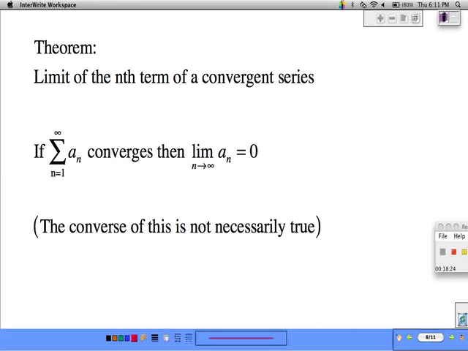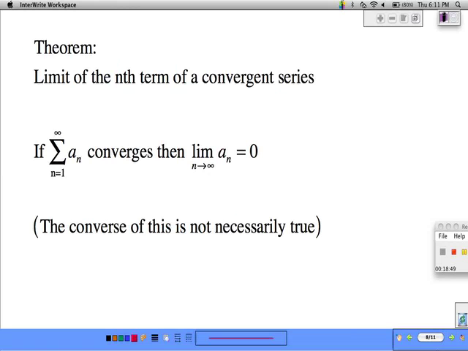Another theorem for convergence, this is for the limit of the nth term of a convergent series. If the series converges, then the limit as n goes to infinity of that generic term will be 0. But the converse of that isn't true, necessarily.